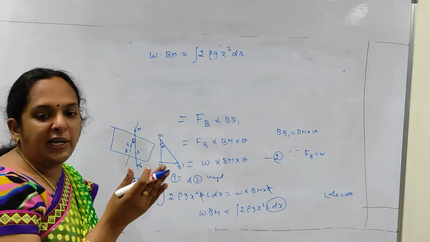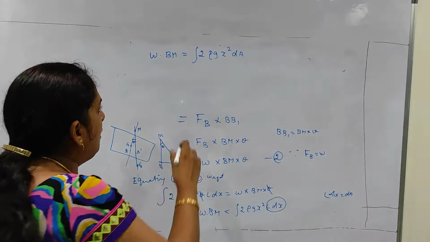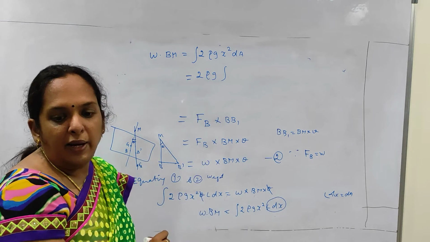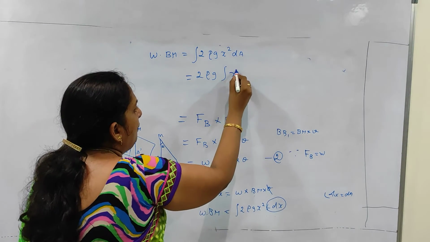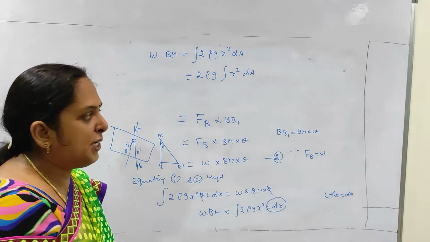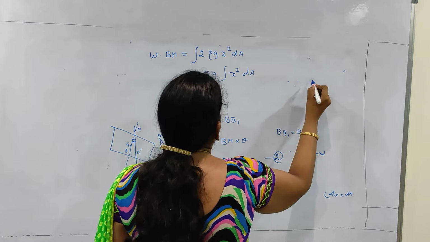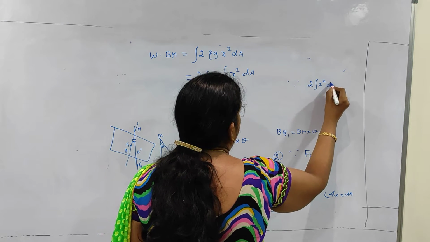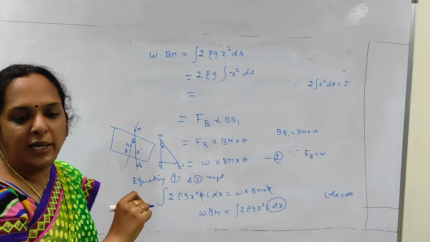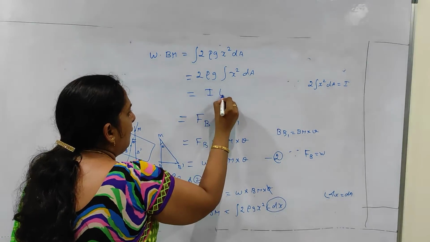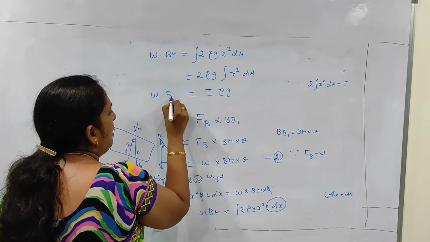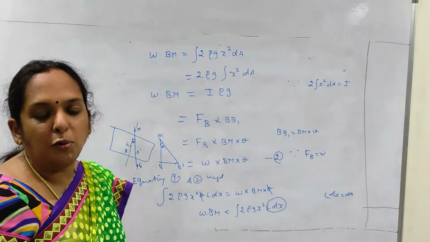Now we are taking the rho g outside, so it will become 2 into rho g integral of x square dA, where 2 into integral of x square dA is said to be your moment of inertia. Since 2 into integral of x square dA equals the moment of inertia, I am going to write this as I into rho into g. This I is your moment of inertia. So W into BM is equal to I into rho into g.